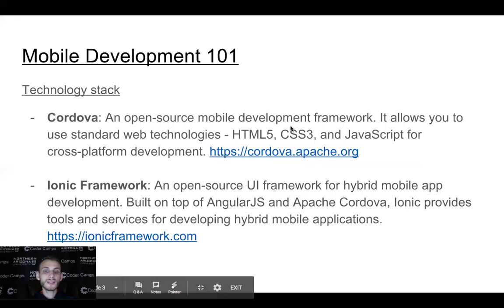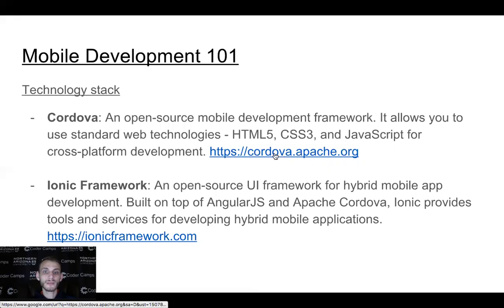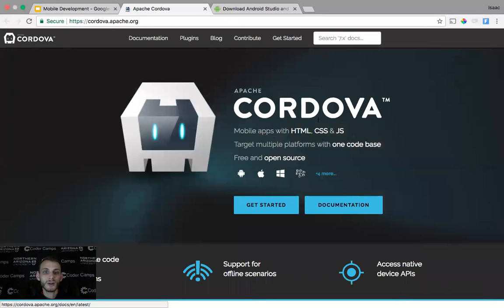Okay, so now let's talk about the technology we're going to be using to build our mobile app. The first one is Cordova. Cordova is an open source mobile development framework. It allows us to use technologies we're already used to, like CSS, HTML, and JavaScript for cross-platform development. The official documentation can be found at cordova.apache.org.